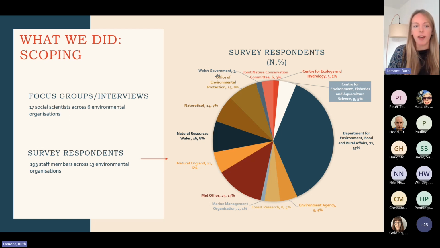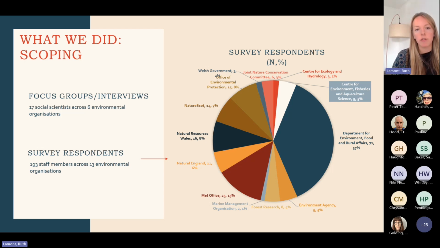We started with the scoping, and we had 17 social scientists from 6 environmental organisations who really helpfully shared their experiences around what difficulties they are seeing, what questions they're being asked, and what would be helpful for them. We then had a much wider survey of those that don't sit within social science teams or class themselves necessarily as social scientists across various different organisations.